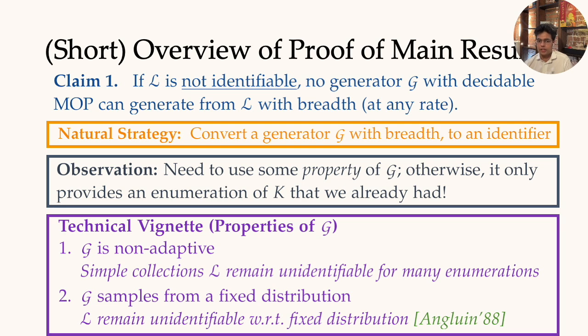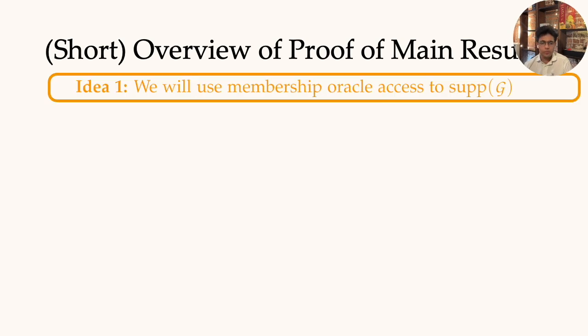So the fact that our generator is outputting samples from a fixed distribution does not help us create identifiers for non-identifiable collections.